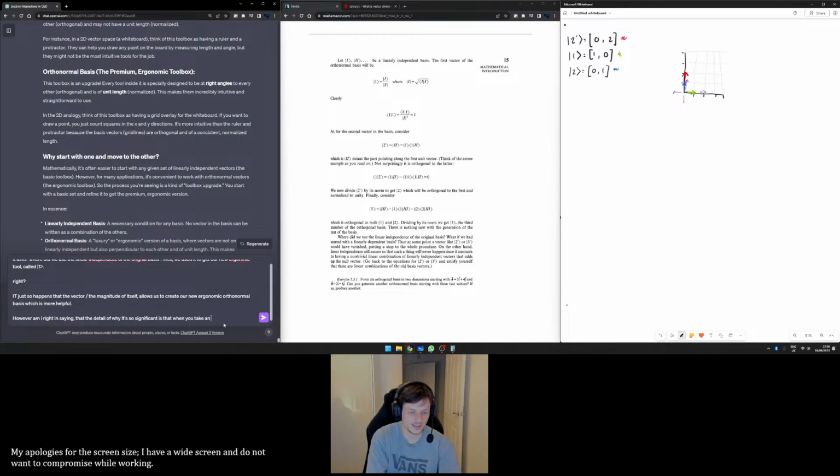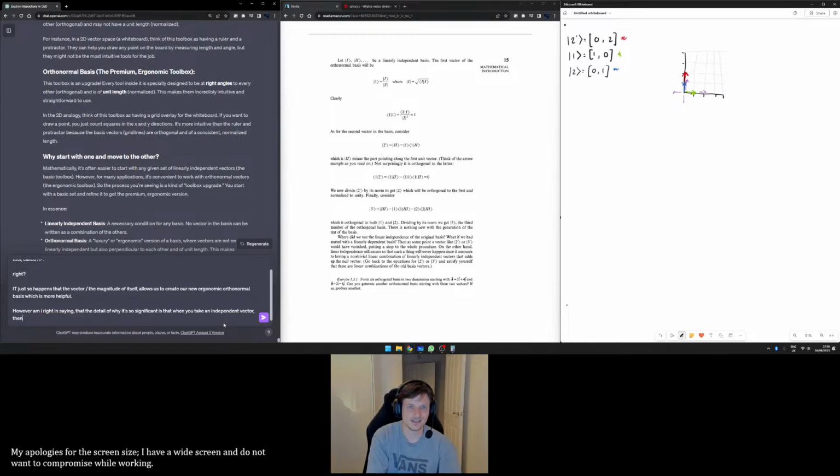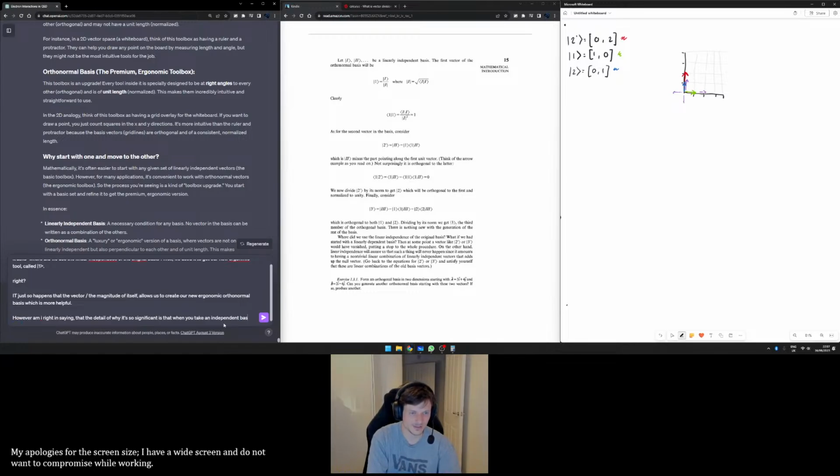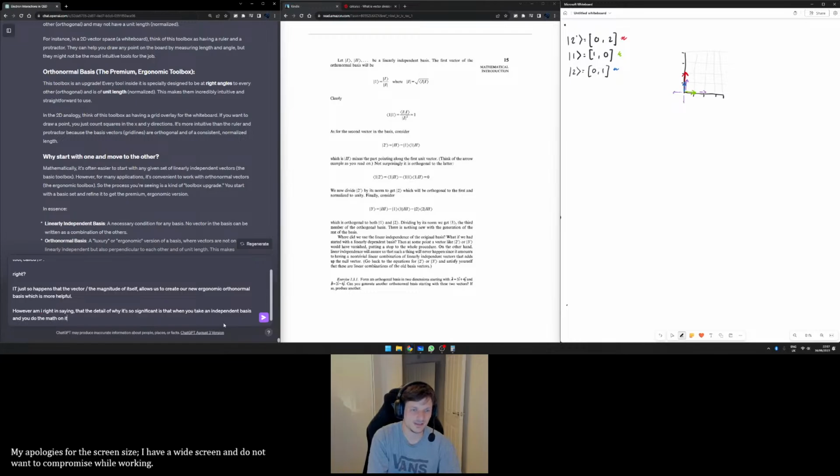However, am I right in saying that the detail of why it's so significant is that when you take an independent basis, and you do the math on it, divide by its norm, it makes an orthonormal basis?